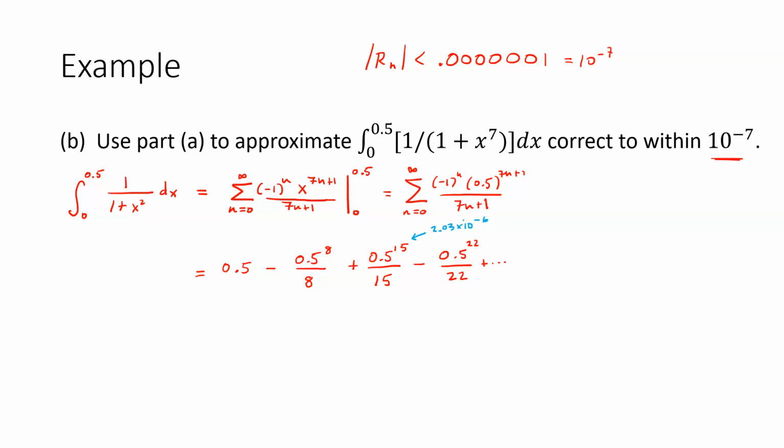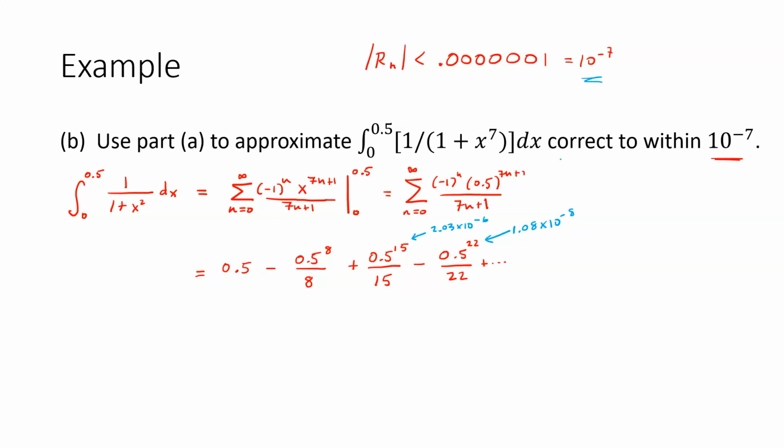So notice that's not quite below the 10 to the negative 7 error that we're looking for. And now this one is, because we get something around 1.08 times 10 to the negative 8. So this is the first term that's going to go below that 10 to the negative 7 desired error.